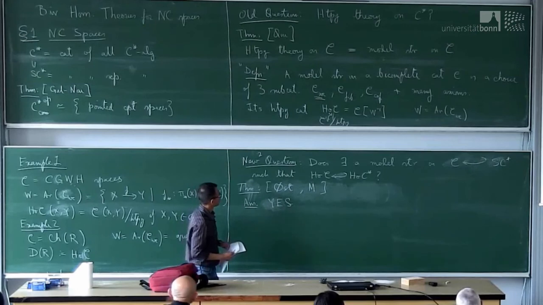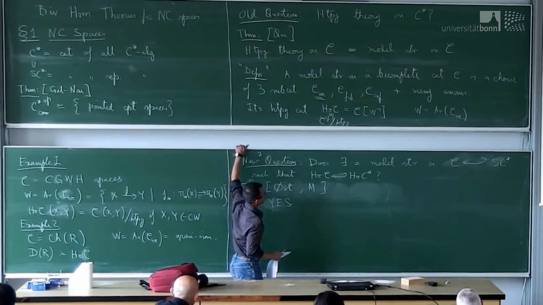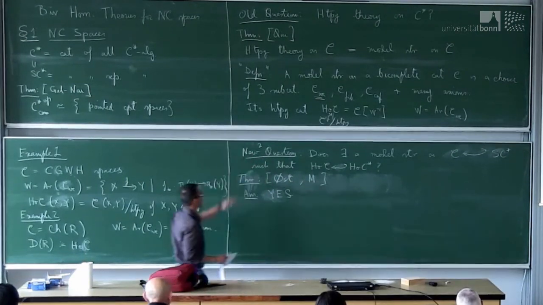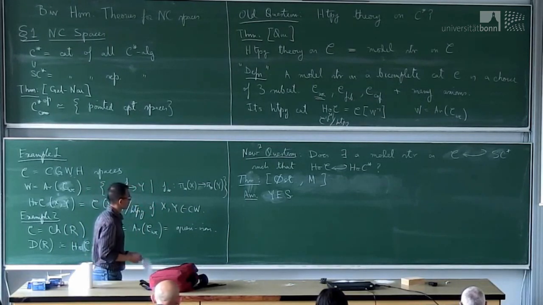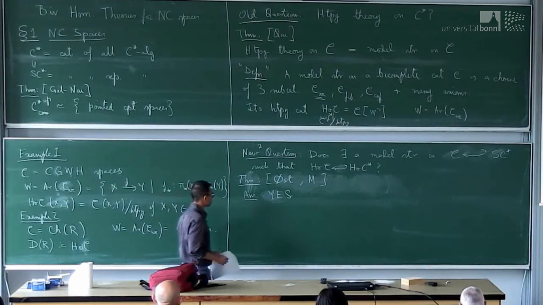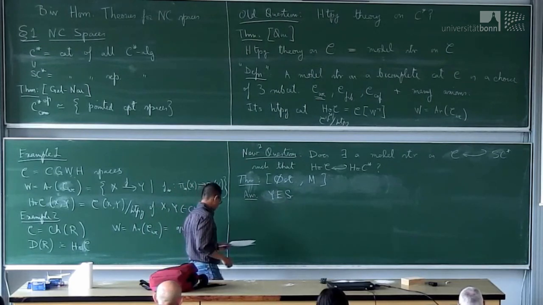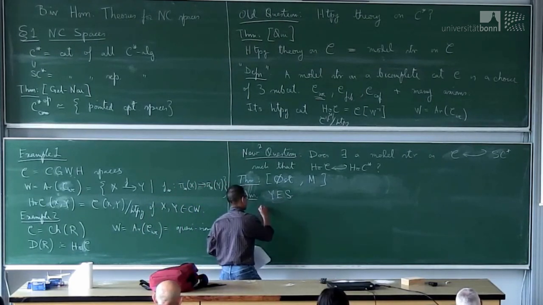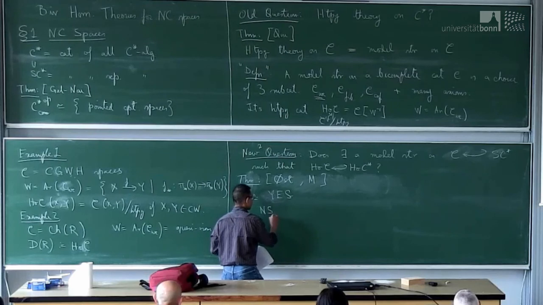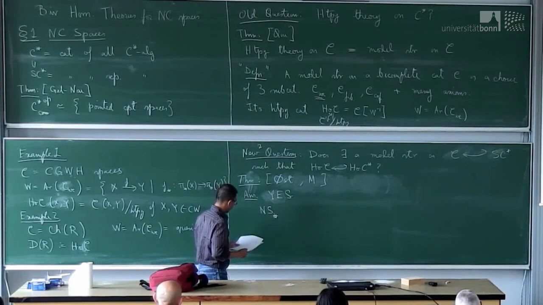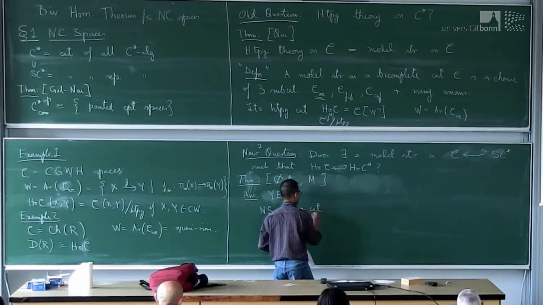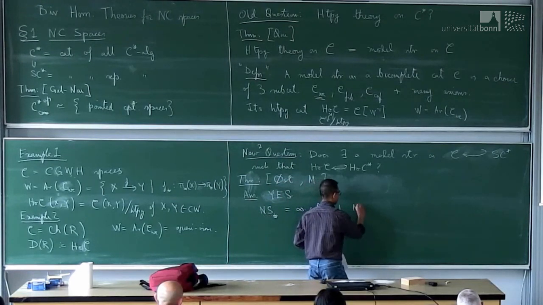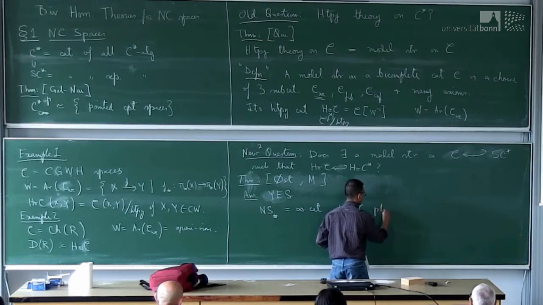So Hausdorff basically used purely model categorical techniques, but I found it much easier to use infinity categories, and using those things you arrive at the following picture. There is a category called NS star, which I call the infinity category of non-commutative pointed spaces.